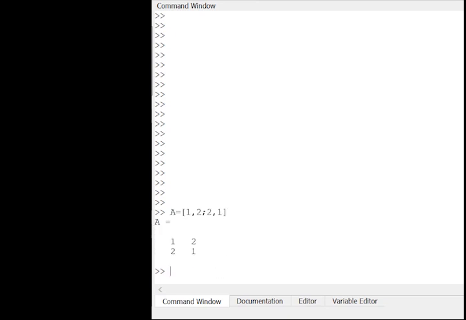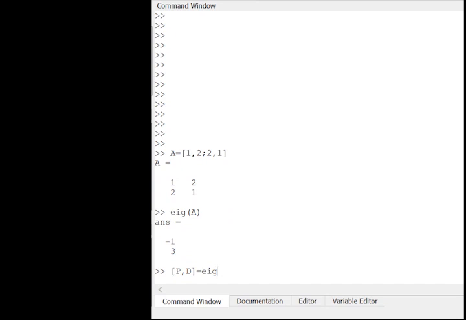The command for eigenvalues is eig. There are the eigenvalues, negative 1 and 3. They are returned as a vector. If you want to have the eigenvectors as well, you need to give two output arguments: first a matrix of eigenvectors, and then a matrix of eigenvalues.